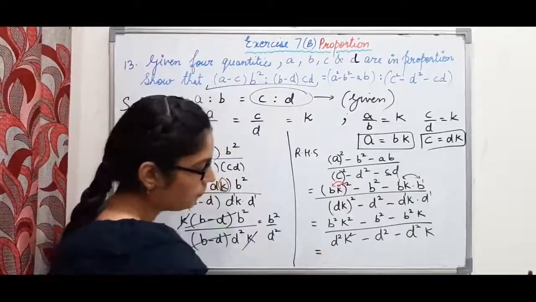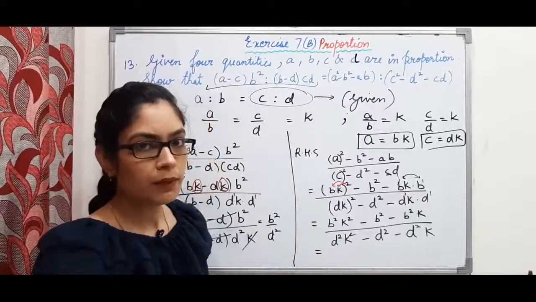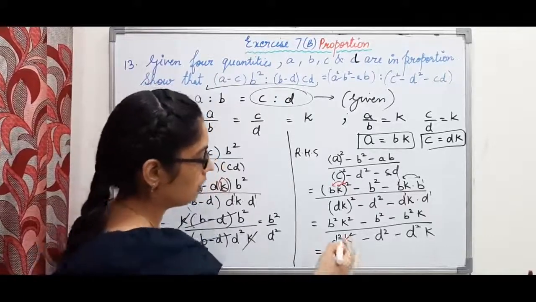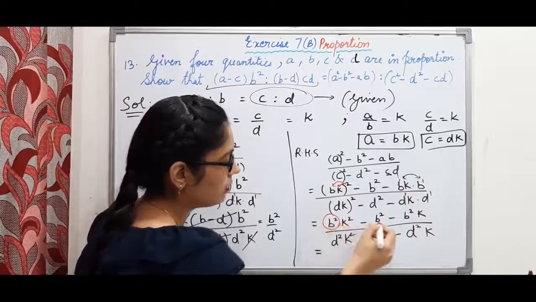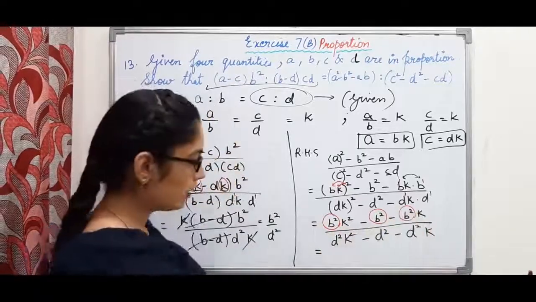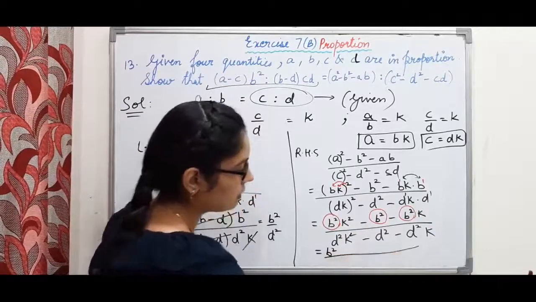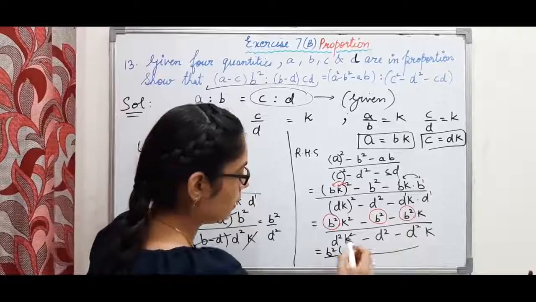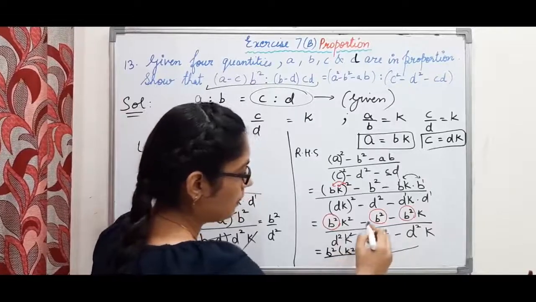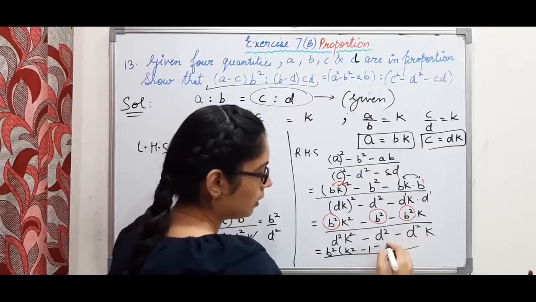Now we can see if any term is common we can take it out. So here we can see b square is present in all the terms. So b square we can take out, remaining terms as it is we can write. So here is k square minus, nothing is there, that means 1 is there, minus k.